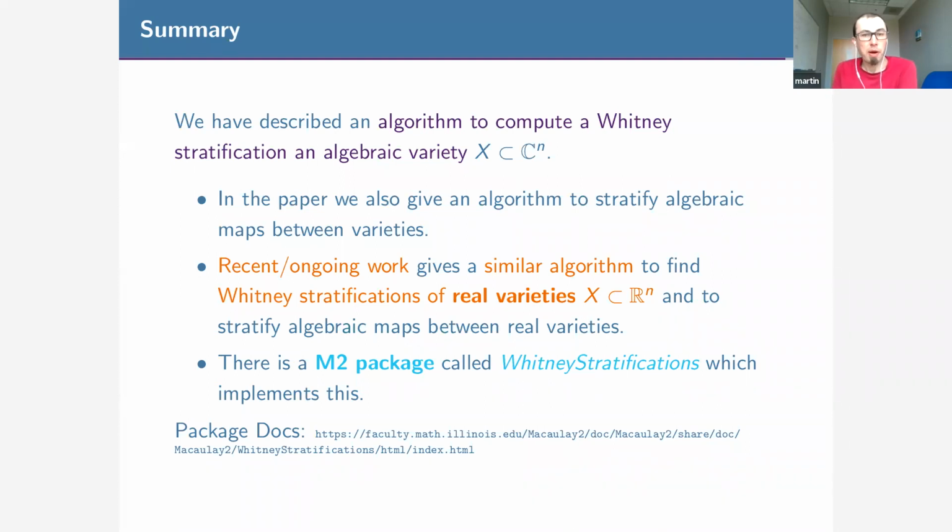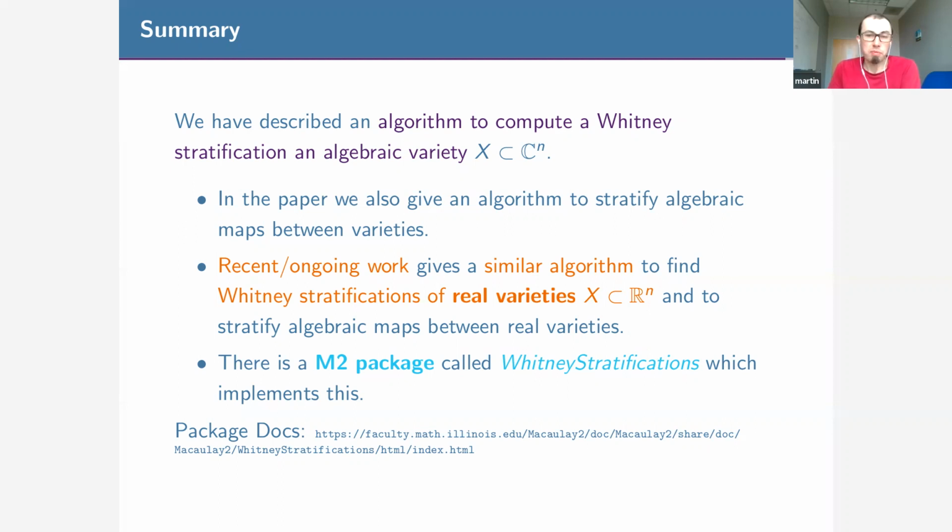So just to wrap up, we talked about an algorithm to compute a Whitney stratification of an algebraic variety X in C^n, and we also have an algorithm in the paper to stratify maps between varieties. The paper is only for complex varieties, but in recent work, also with Nanda, we've extended this to real varieties as well.